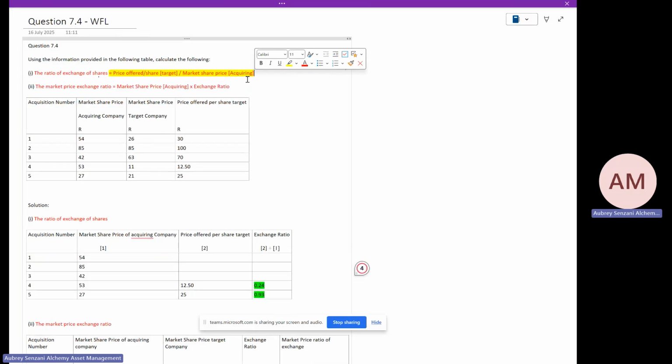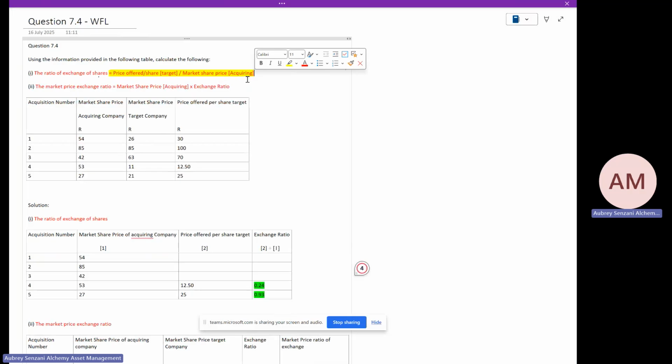So you don't even need to really cram this formula. When you think ratio of exchange of shares, you're basically saying the price offered for a share in the target company, the company we are buying, divided by the market share price of our company that is doing the merging or the acquiring of the next company. So that's the first thing that they want.